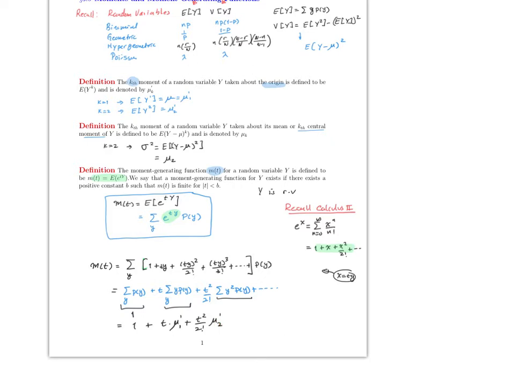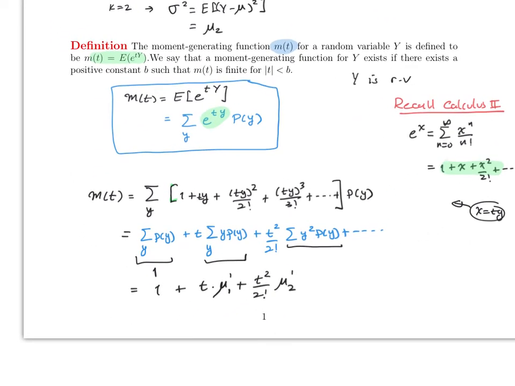Now what we're going to do next is use this actual function to generate these moments, and the idea is actually pretty simple. Notice the following. Here, if you plug in 0, obviously everything here will die and you will end up with 1 only. But if you take the derivative with respect to t, then this obviously will be 0.